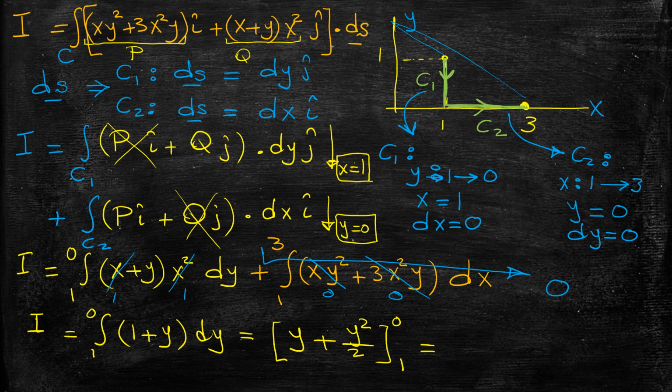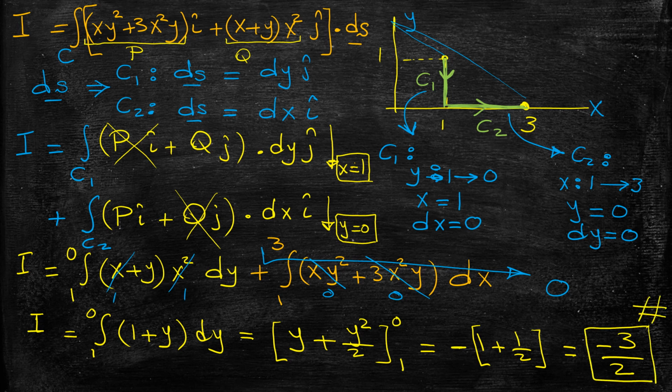So 0 will give you 0, and then this one will be minus 1 plus half. So again, it's minus 3 over 2. What is this value at the end? This is the value of the integral along the best path we can select due to this conservative force in our integral.